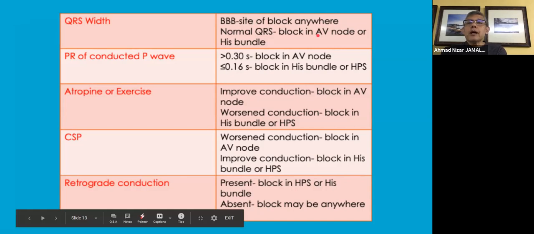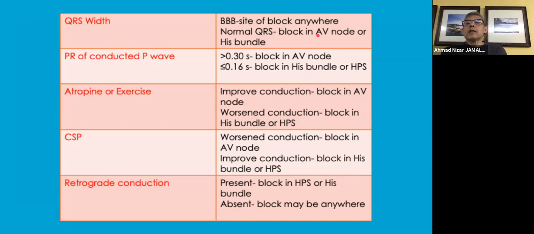Now, the PR of the conducted P wave. If the PR interval is long, more than 0.3 seconds, the block is usually in the AV node. With most blocks that are infrahisian or at the level of the His, the PR interval is short, less than 0.16 seconds.